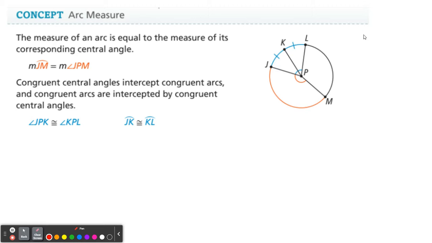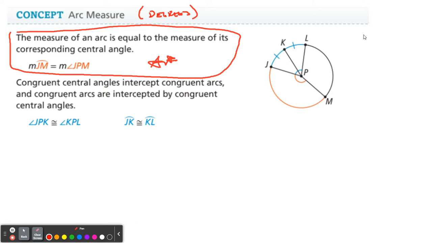So to find arc measure, which again is going to be in degrees, you are going to take the measure of the central angle, and it's going to be exactly the same as the measure of the arc. So in this picture, if I want to find the measure of arc JM, which is this red arc right here, it's going to be equal to the measure of central angle JPM. JP is a radius, PM is a radius, that's your central angle. Again, this is a huge idea.